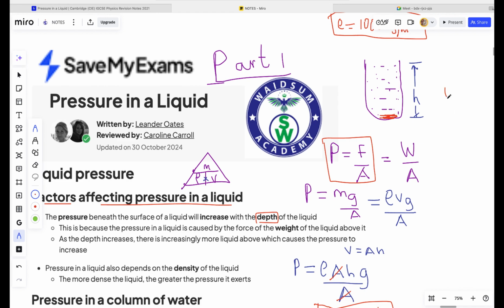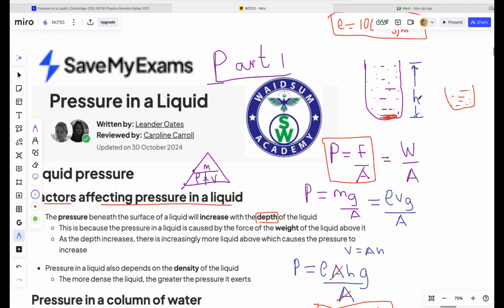For example, if you take a container like this and fill it with water, the pressure at the bottom is not so high compared to the pressure at the bottom of this one, because of height. The density is the same and gravity is the same. The density of water is the same whether it's a small or big container.